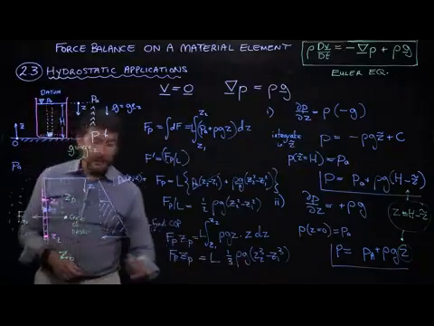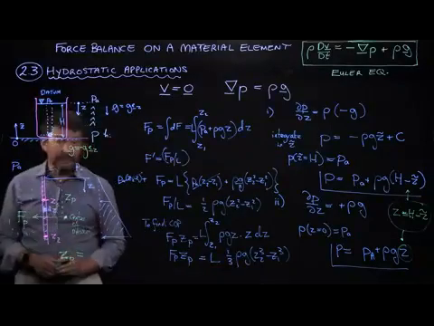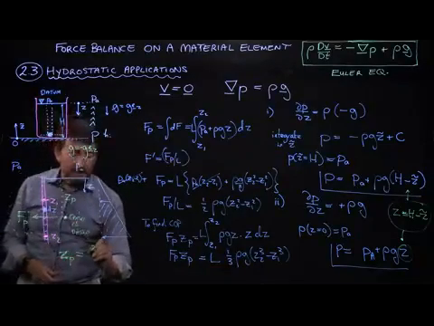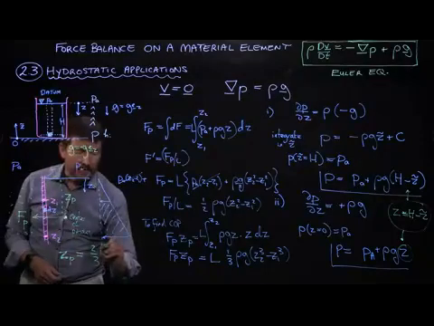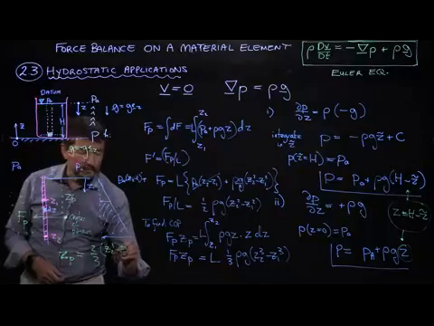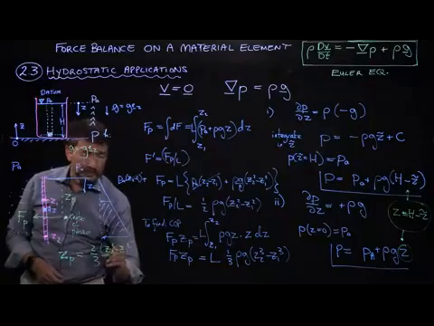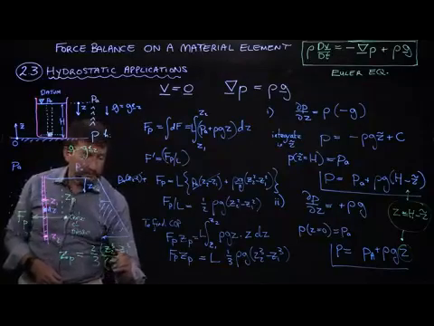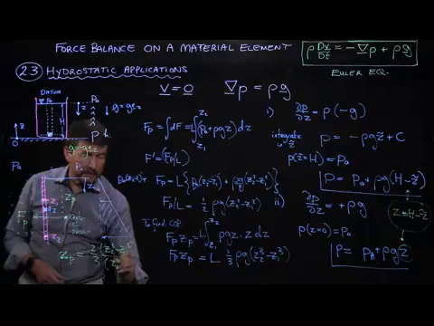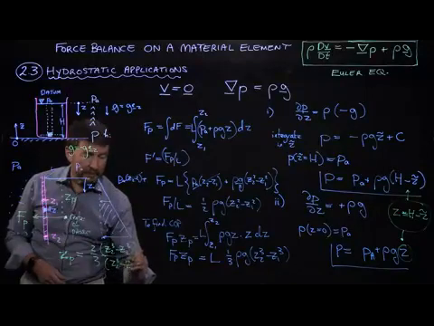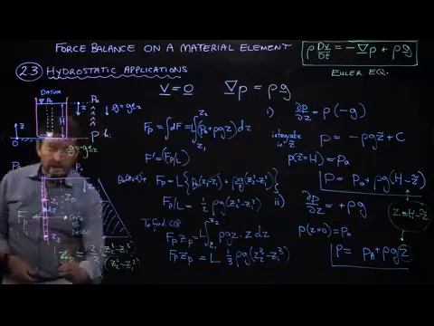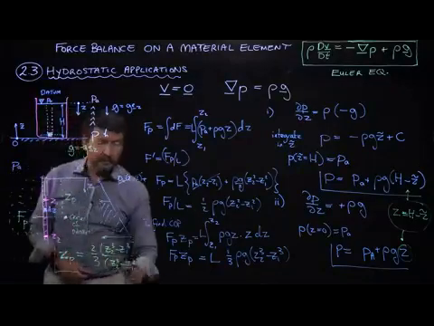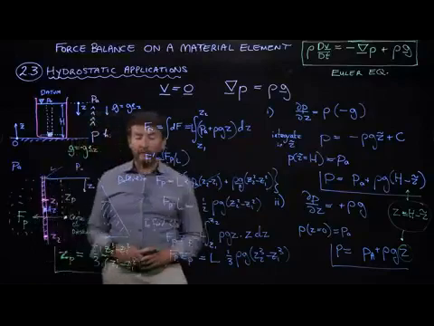I'll divide through by this. The L's will cancel, and so I end up getting an expression that looks like 2/3. The rho g cancels, and it looks like (z2 cubed minus z1 cubed) divided by (z2 squared minus z1 squared). And so we can easily find both the magnitude of the force and where it acts through.